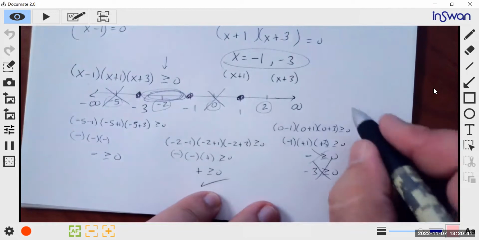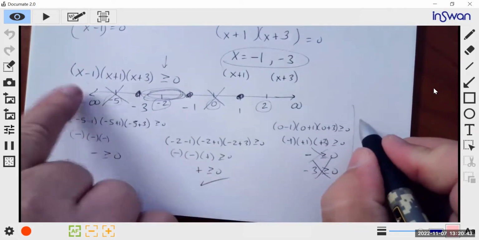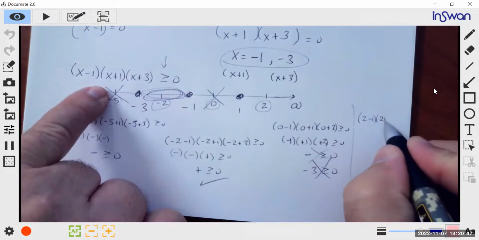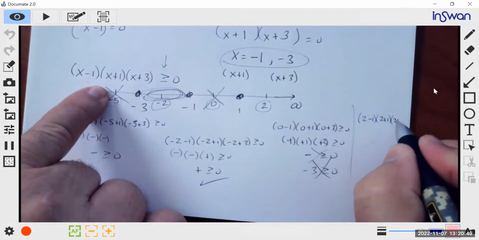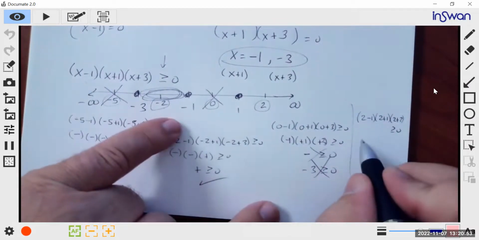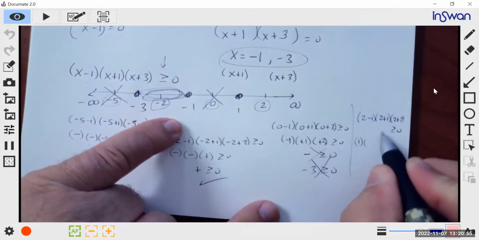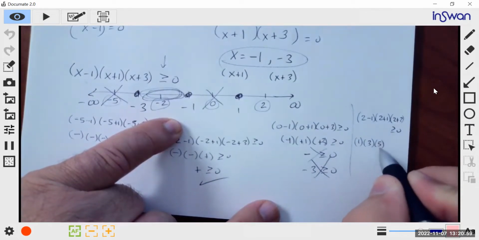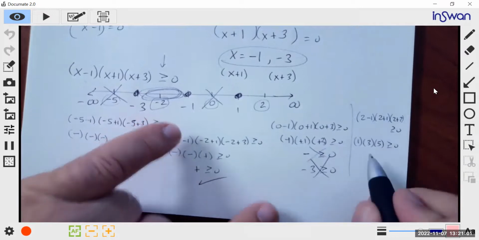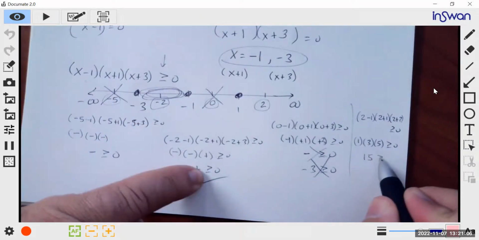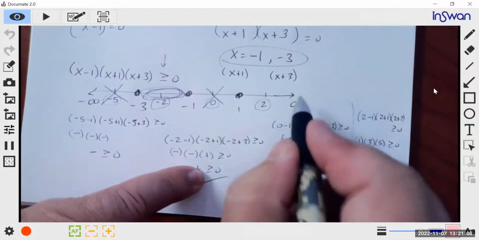Same thing with 2. So 2 minus 1, 2 plus 1, 2 plus 3. Is that greater than or equal to 0? 2 minus 1 is 1. 2 plus 1 is 3. 2 plus 3 is 5. Is that greater than 0? 1 times 3 is 3. 3 times 5 is 15. 15 is greater than 0.